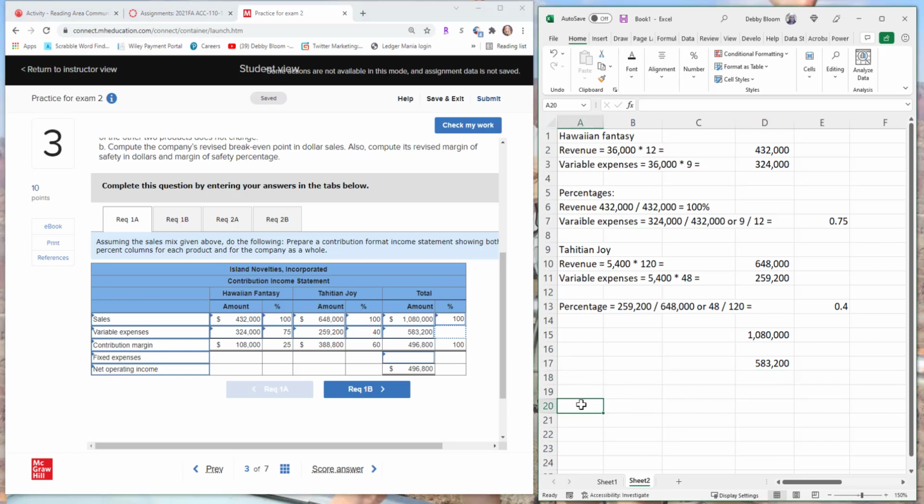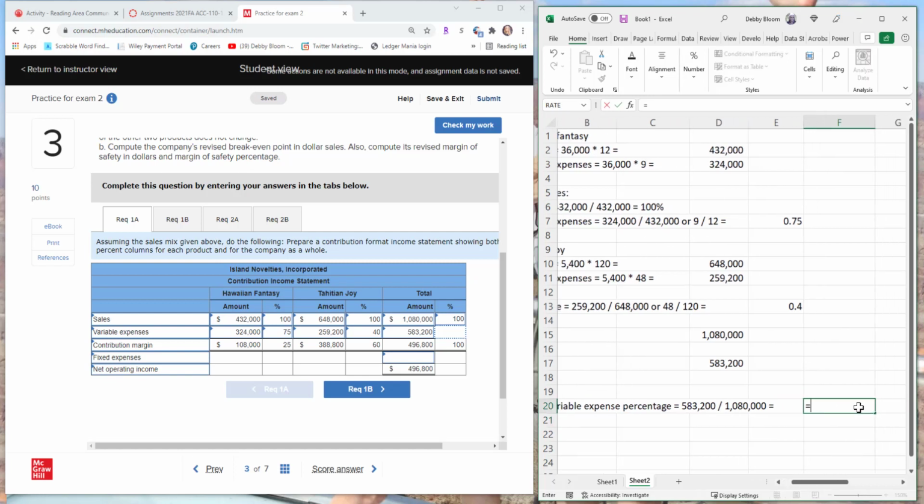Our overall variable expense percentage, we take the total company variable expenses of 583,200 and we divide by the total company revenue of 1,080,000.